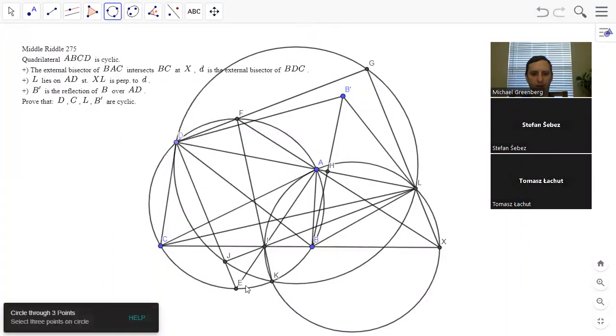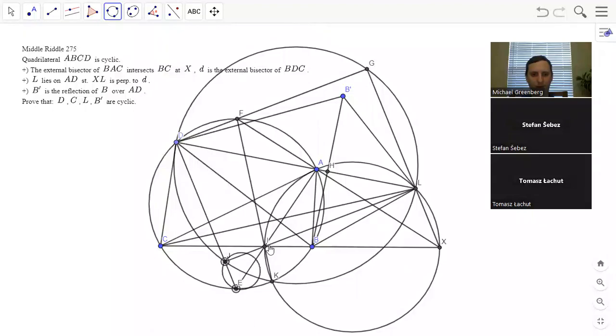We have this is cyclic. There would be a lot of cyclic quads here, and I don't know if it's helping at this point, but I don't know if it's from some kind of Miquel point that this is cyclic, but it looks true.